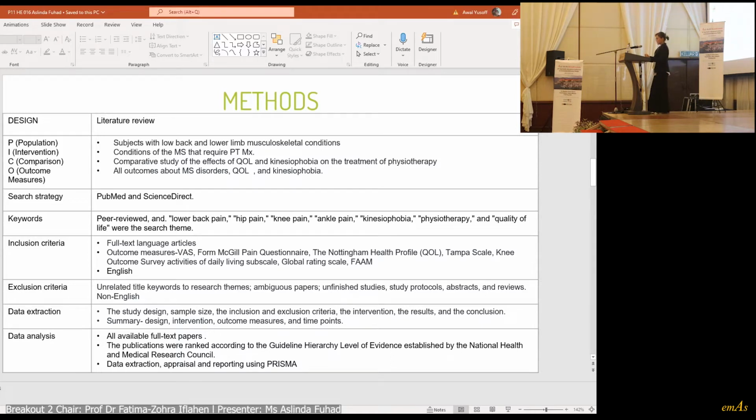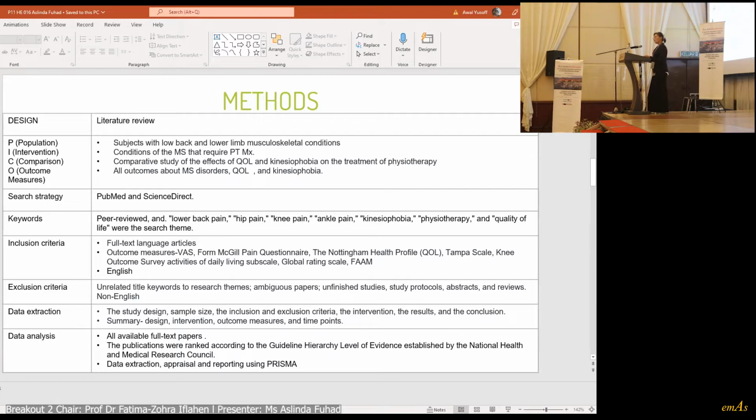For the exclusion criteria: titles and keywords unrelated to the research terms, ambiguous papers, unfinished studies, study protocols, abstracts, reviews, and non-English papers. For data extraction: the study design, sample size, inclusion and exclusion criteria, the interventions, the results and conclusions, summary, design, interventions, outcome measures, and time points.